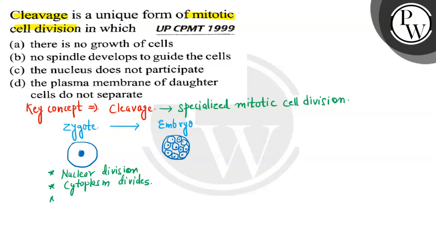The third one is that the number of cells increases. In the embryo, the number of cells is increasing.